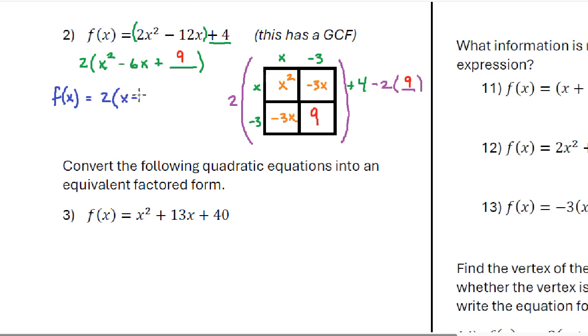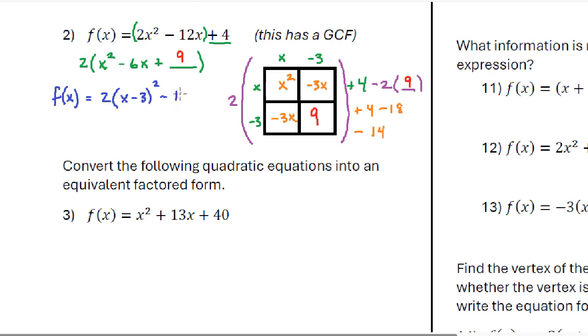So I've got x minus 3 squared. And now over here on our leftovers, we had 4, and now we're going to subtract 9 times 2, which is 18. And that gives us negative 14, and that means in our final equation, we're subtracting 14.